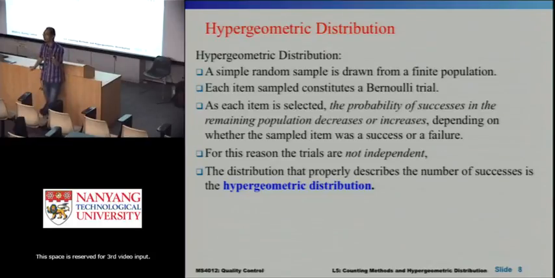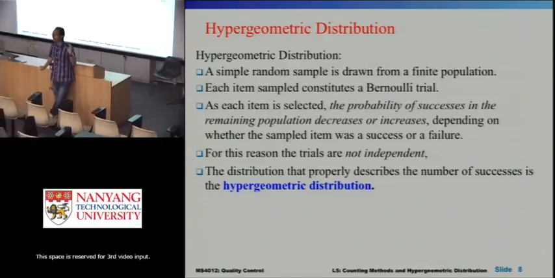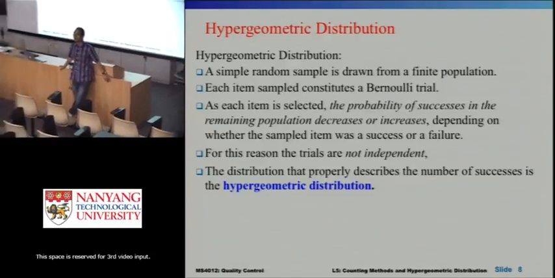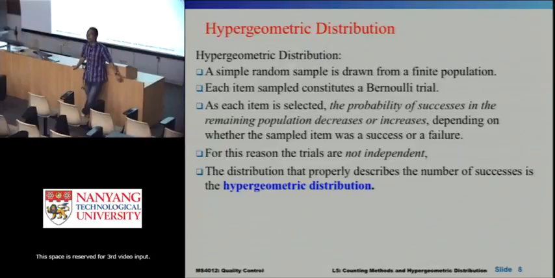So in this case, you can see the successful probability is not a constant anymore. It depends on the outcome of previous trials. If this is the case, we need to use the hypergeometric distribution.